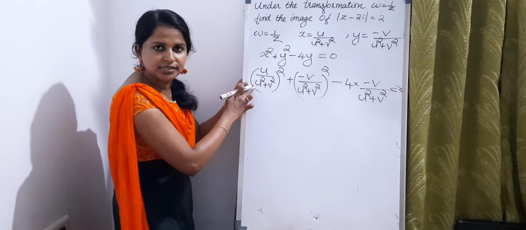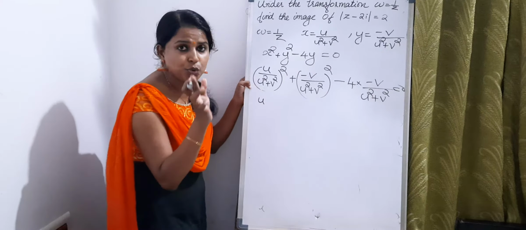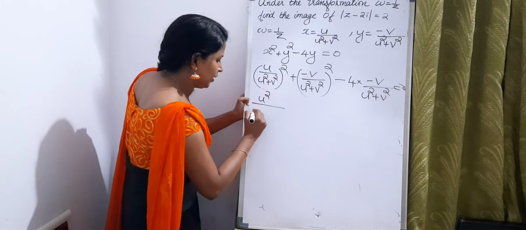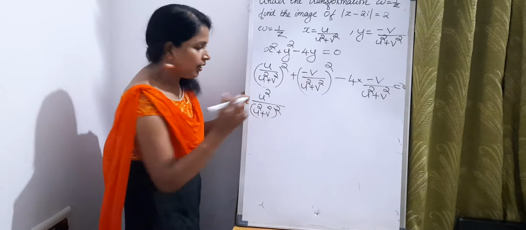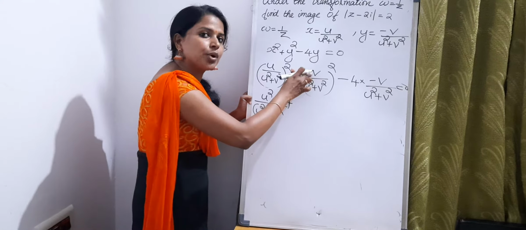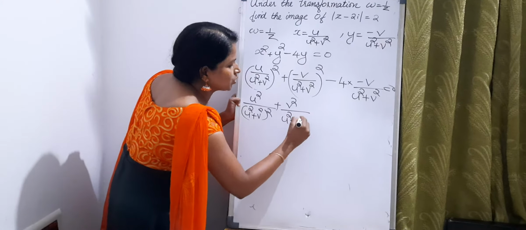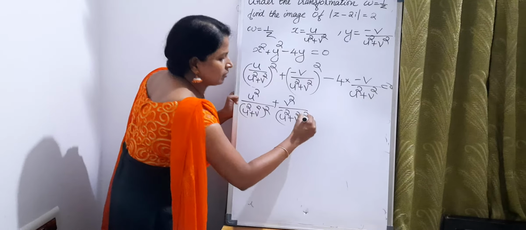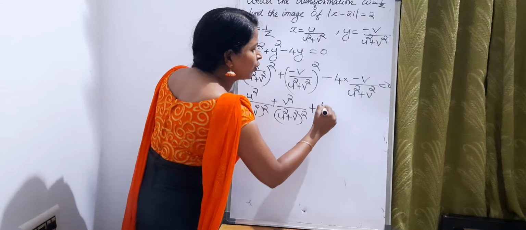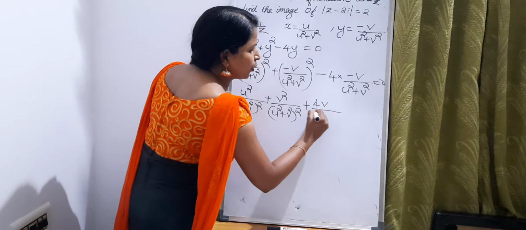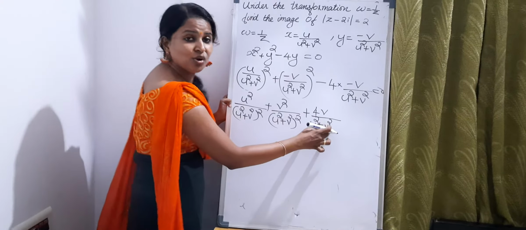This is (a by b) whole square, that is a square by b square. So u square by (u square plus v square) whole square, plus v square by (u square plus v square) whole square, plus 4v by u square plus v square.